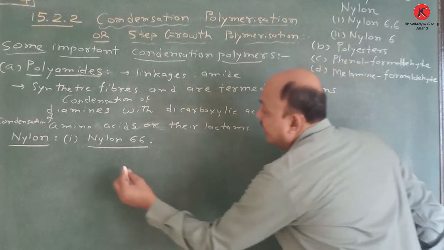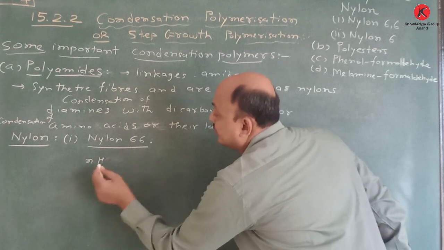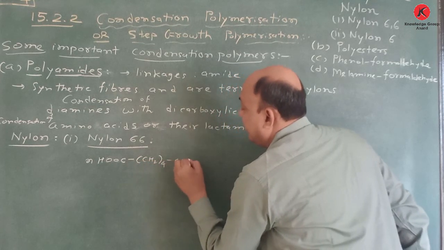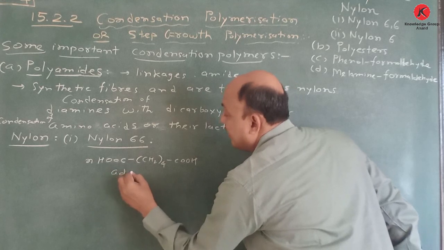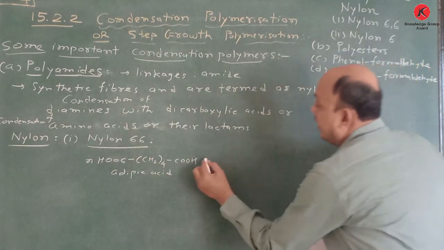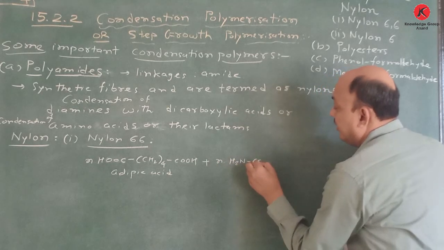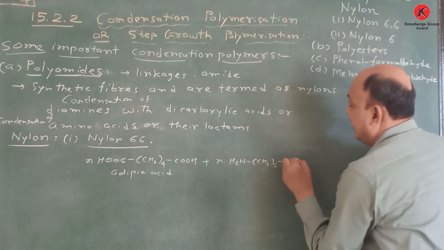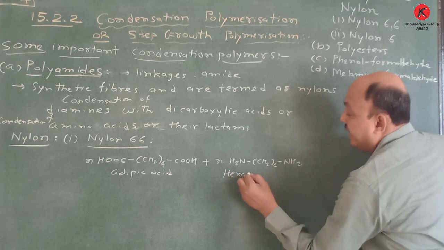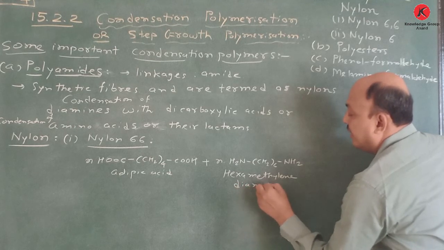It's very easy. Number of molecules of adipic acid, plus number of molecules of hexamethylene diamine.